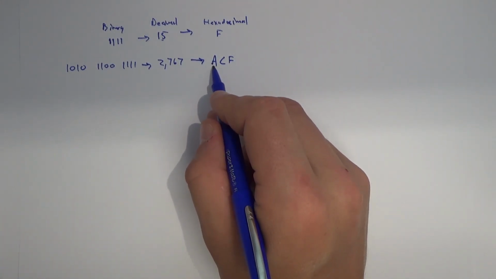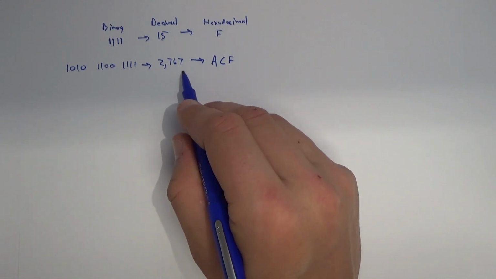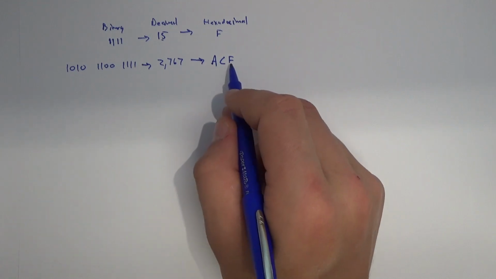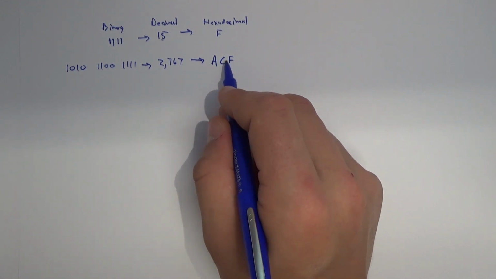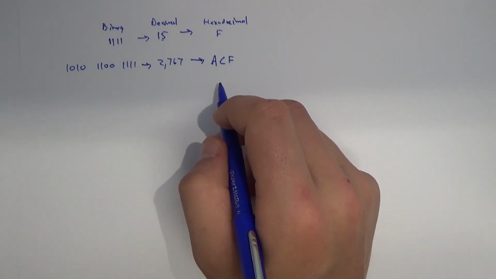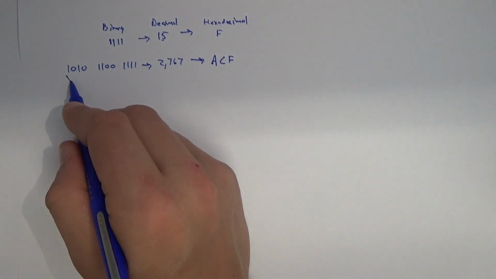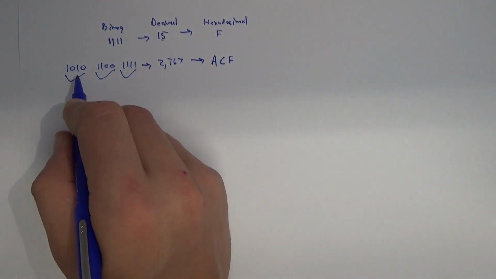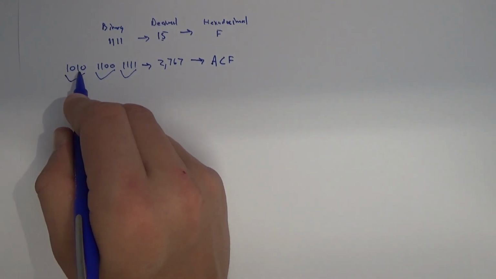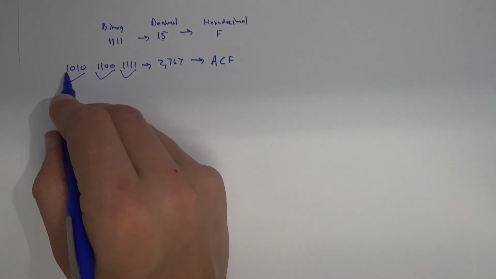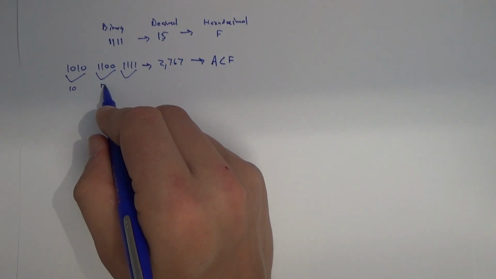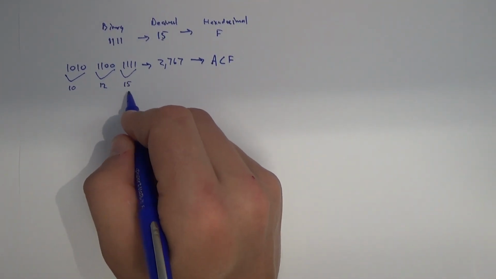We've got 10 256s, so 2,560. We subtract that out. We've got 12 of the 16s. We'd subtract that out. We'd be left with 15. We'd do F. Now, what you may notice is if we look at each of these groups of 4 individually and convert them to decimal, looking at them as 1s, 2s, 4s, 8s, this one is a 2 and an 8, that's a 10, this is an 8 and a 4, that's a 12, and these would be 15.